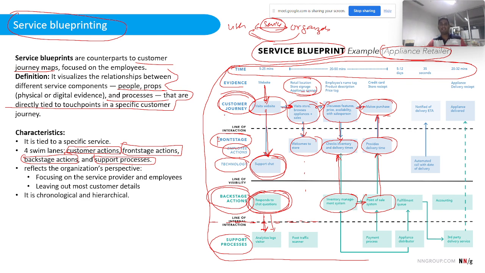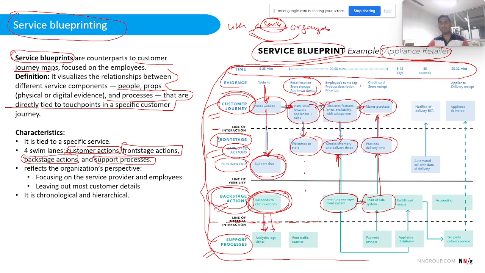Mapping this set of services, how an organization operates at the back end, at the front end, and at the support end, and how a customer interacts with the organization or service, can be done using a service blueprint diagram. This mapping allows you to understand the customer journey and how the service moves in response to it.